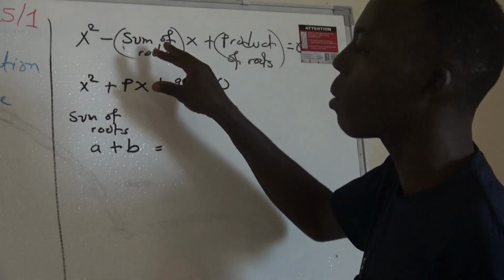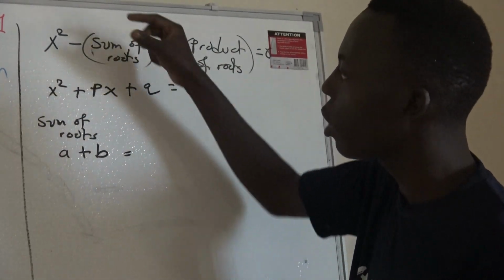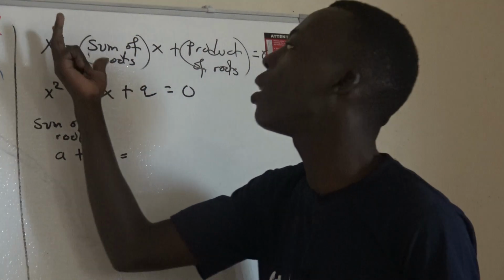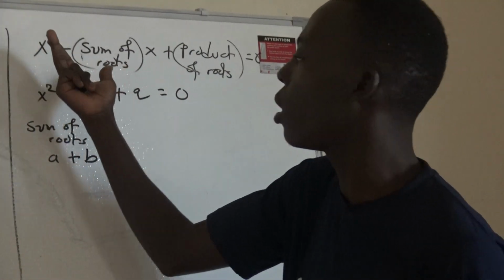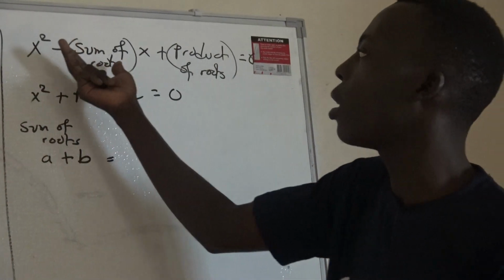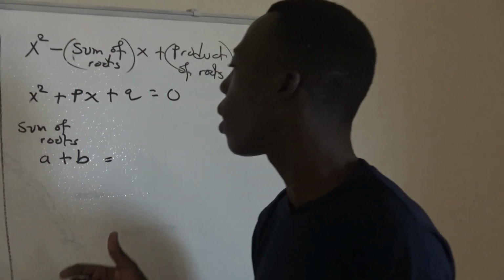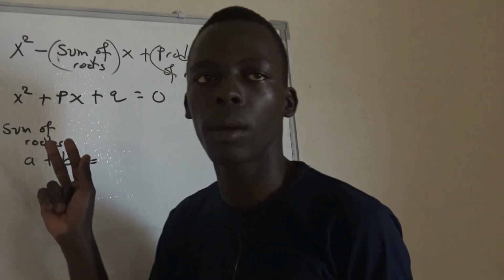Now for this case, when you're writing the sum from the equation, we consider the format. When in the formula there is a negative and the sum is a positive, we write here as a negative, and when it is a negative, we write as a positive. Like now here, the equation is given as a positive.